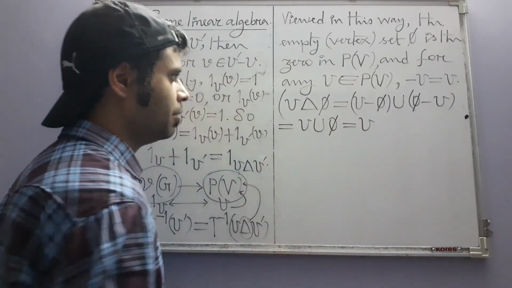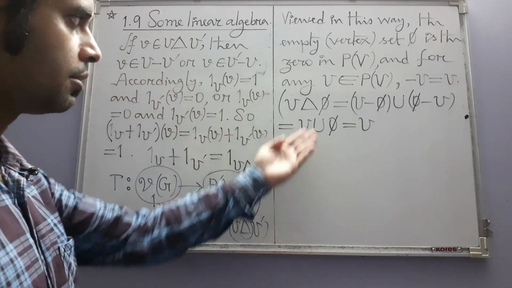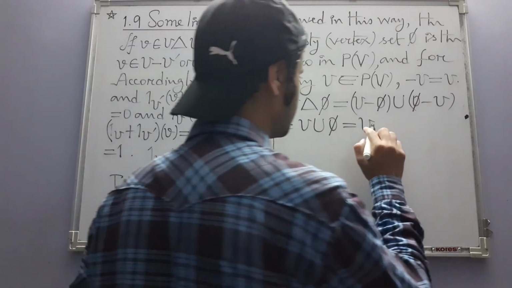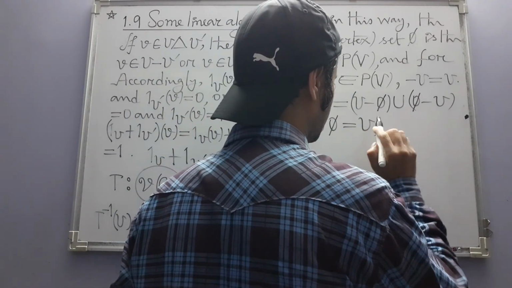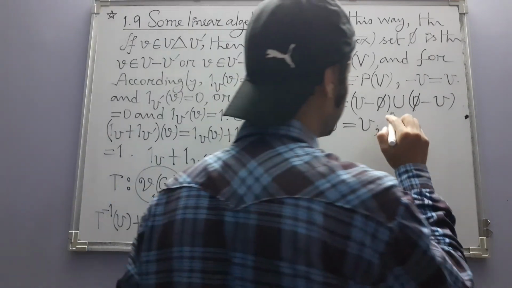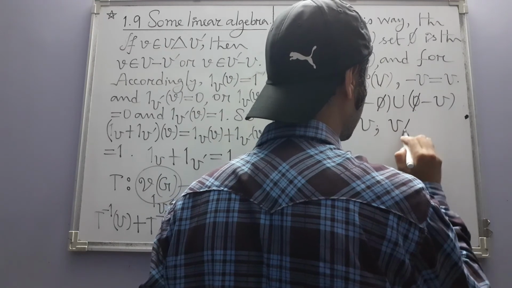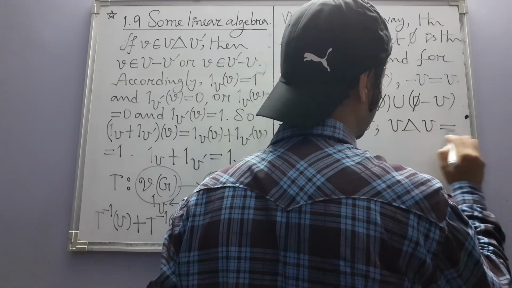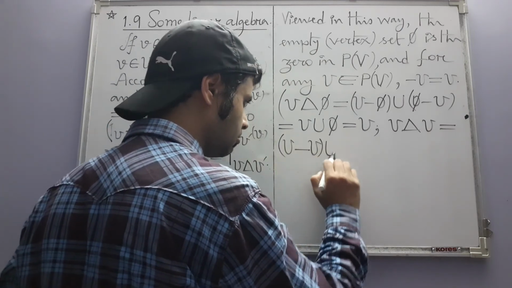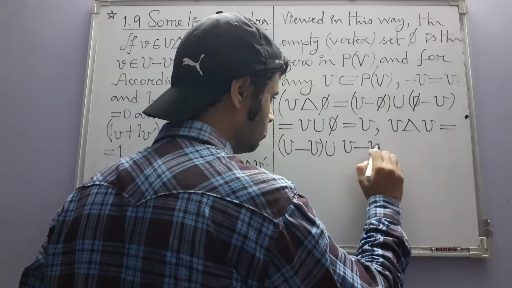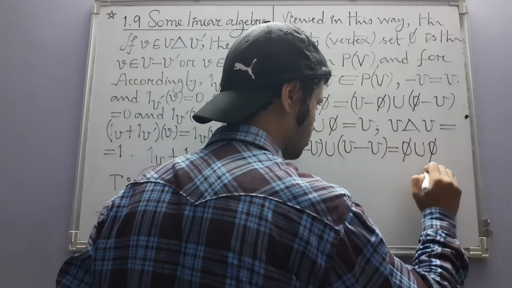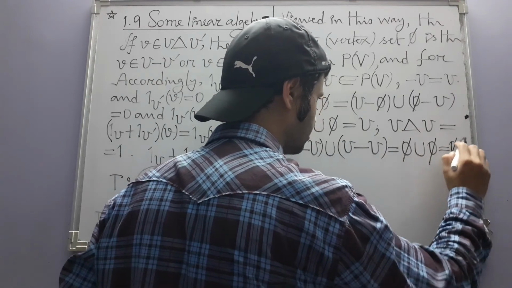So you get U back, and in that sense this is the zero vector in this vector space, and every element is its own additive inverse. That is also pretty easy to see. So you get the zero element. That's fine.